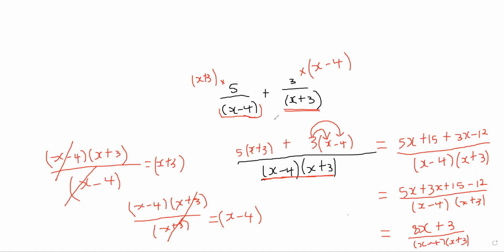Again, when you see fractions in this form, like x plus 4 or x minus 4, and then you have another denominator with x plus something, we always put the LCM as the product of the two. So we take these two denominators and we just multiply them. That would be the LCM for the bottom, right?